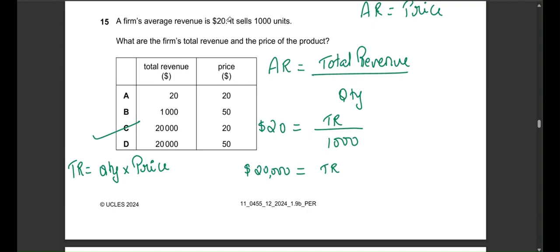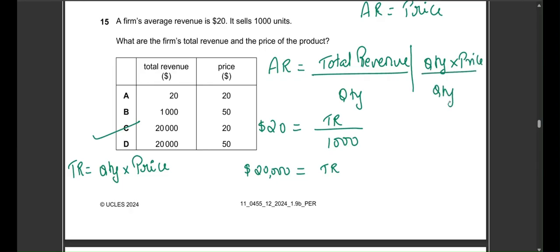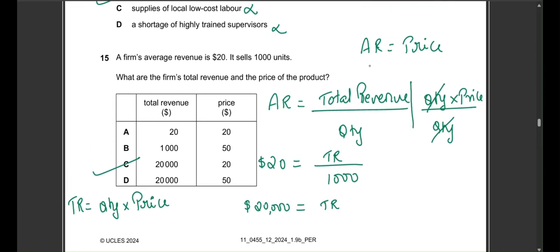Then if I divide by quantity, you can all see that the quantity cancels. So average revenue would be equal to price. That's the reason always remember your AR and price are the same thing. Okay, so the right answer is option number C. That is total revenue 20,000, price is 20.